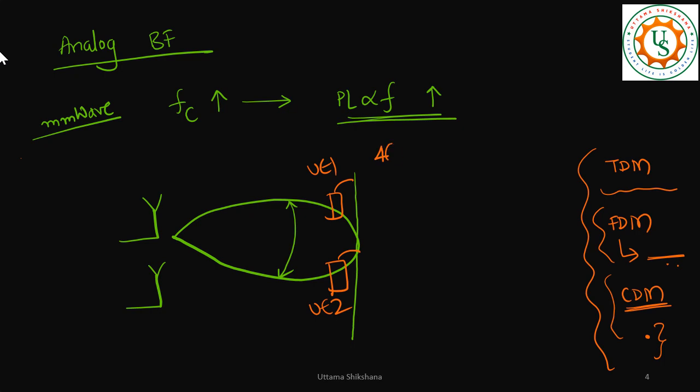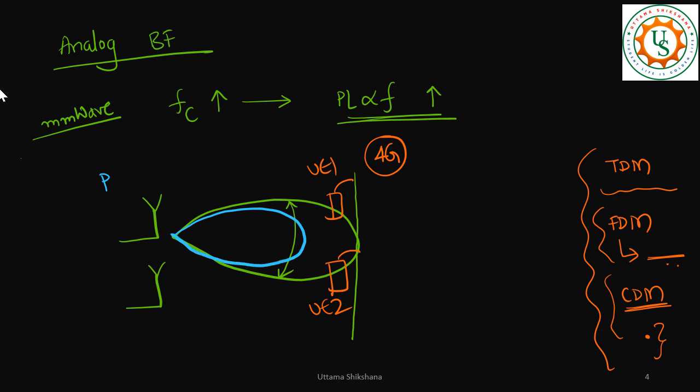Now we are in 5G, and let's say we are talking about millimeter waves. What is going to happen? Let me take the same antennas, and let's say I am going to transmit with the same power. Then in case of 5G, because of this millimeter wave, what is happening? Because of high path loss, the beam would be, let's say, something like this.